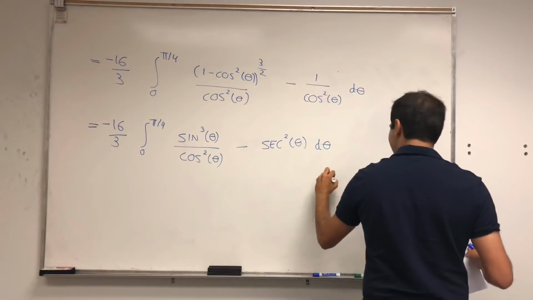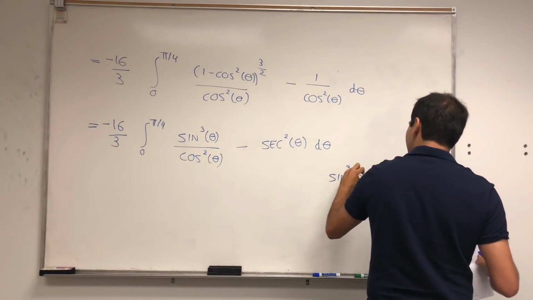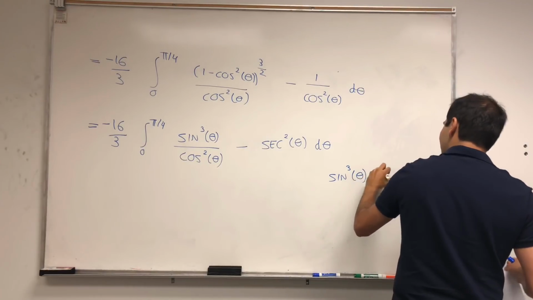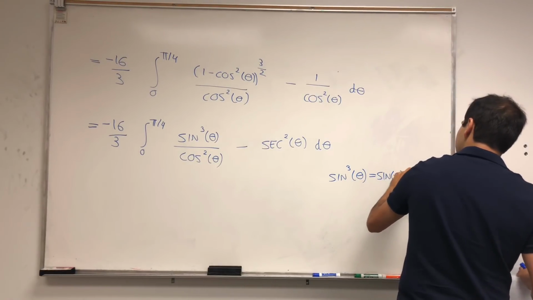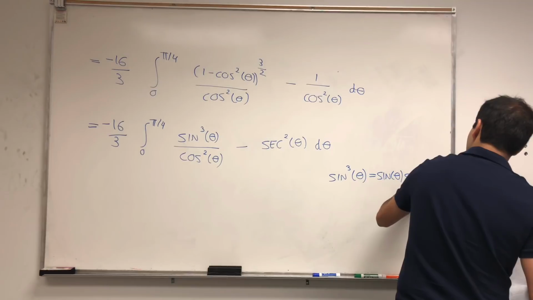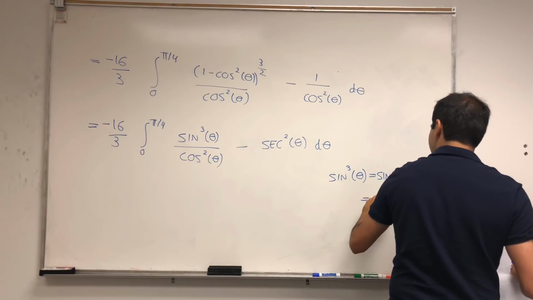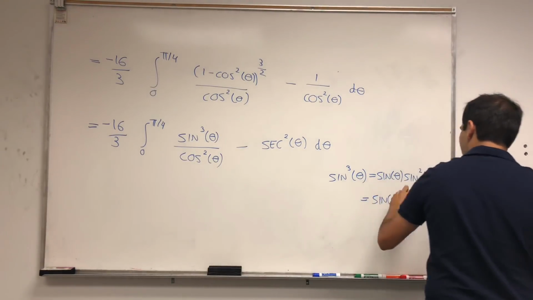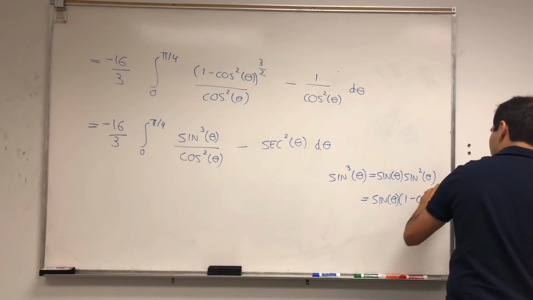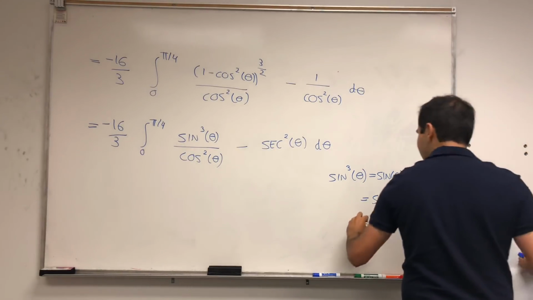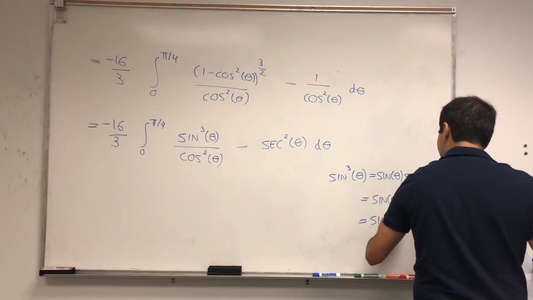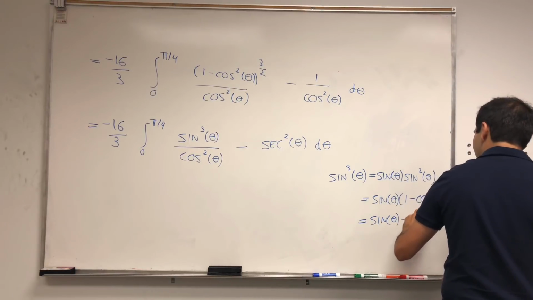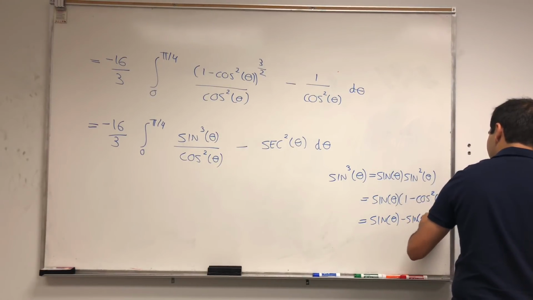And well, this looks like a horrible integral, but this is also one of those standard calculus techniques. Because you have an odd power of sine, you write this as sine theta times sine squared theta, and that becomes sine theta times 1 minus cosine squared theta, which becomes sine theta minus sine theta cosine squared theta.